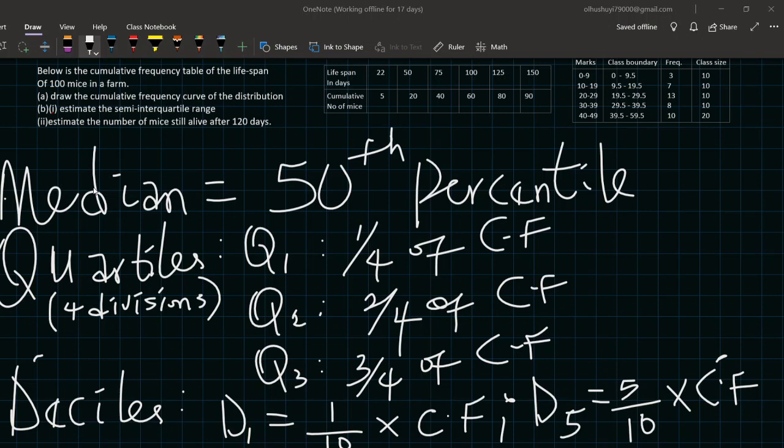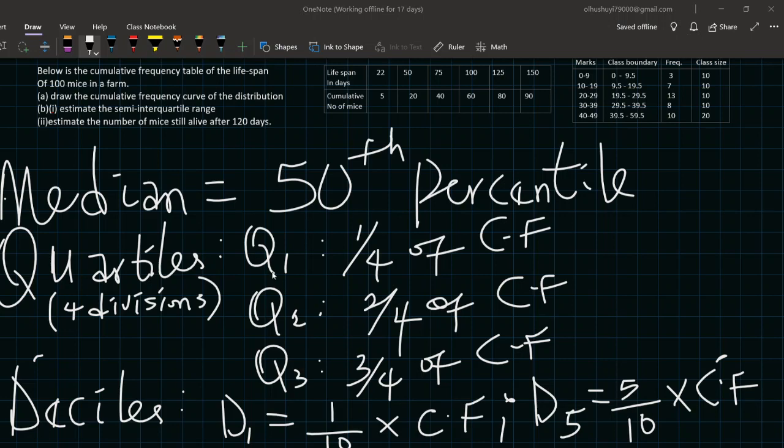Then we'll go for quartiles. Quartiles are in 4 divisions. So you have your Q1, 1 over 4 of the cumulative frequency, then Q2, 2 over 4, and Q3, 3 over 4 of the cumulative frequency, and each of these means something.